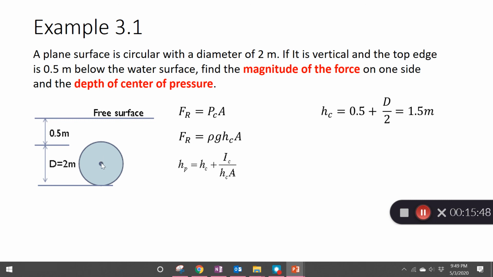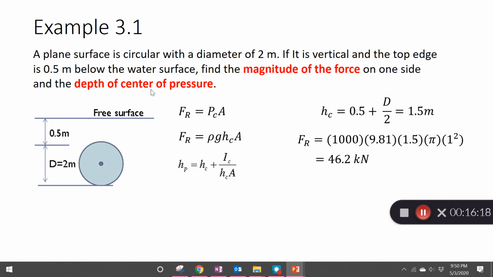You have to take it from the top of the fluid body, which is the free surface. So radius 1 meter plus another 0.5. So you get HC is 1.5. Next, you can just put all these values into the equation here. So rho G HC area, okay, which is pi r squared. Solving, you get 46.2 kilonewtons.